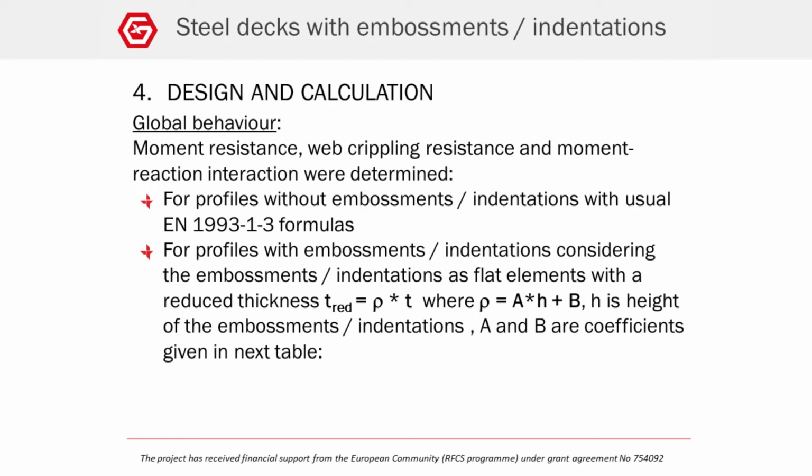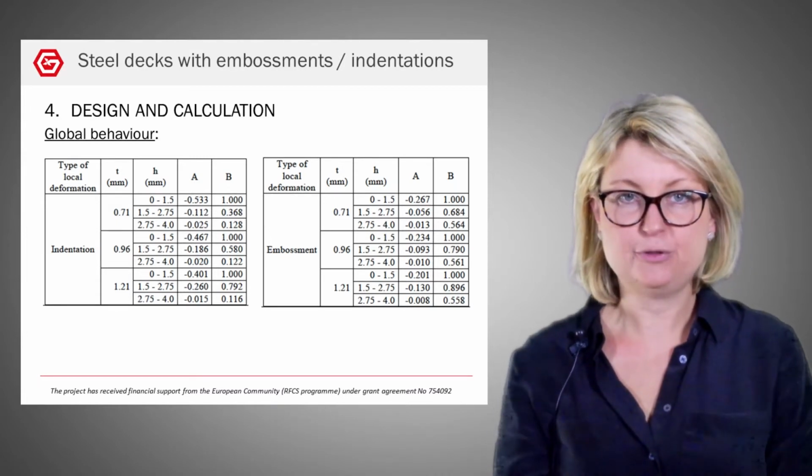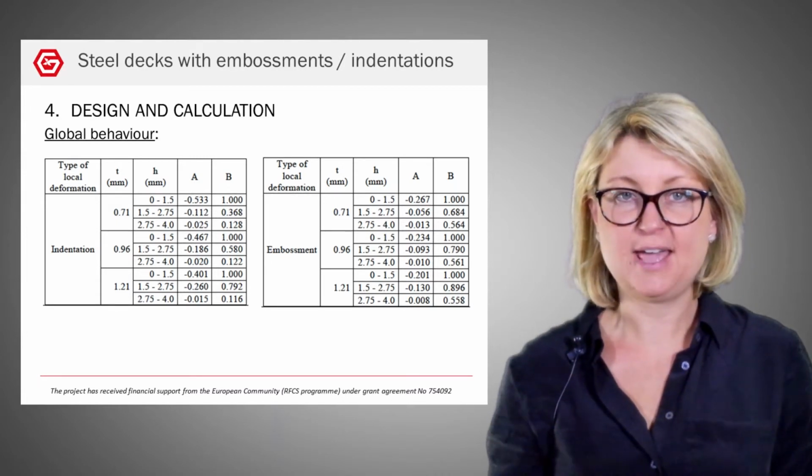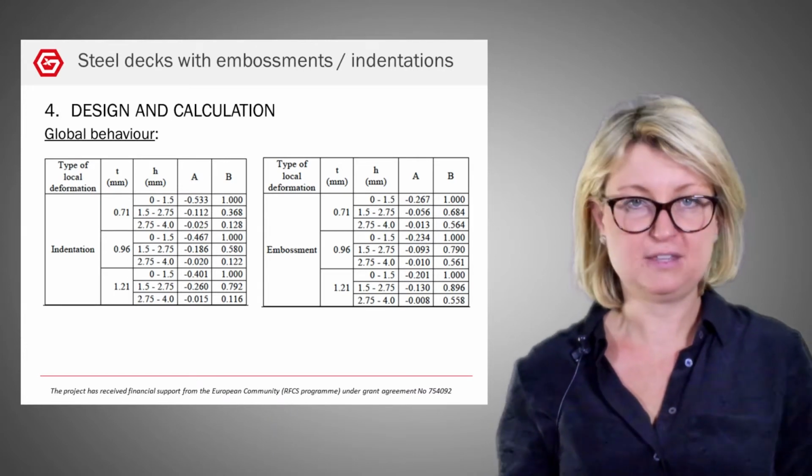equal to ratio ρ multiplied by thickness, where ρ is defined as a function of the height of the embossments and indentations and coefficients A and B given in the next table. We can see in these tables the values of coefficients A and B depending on the height of indentations and thicknesses.